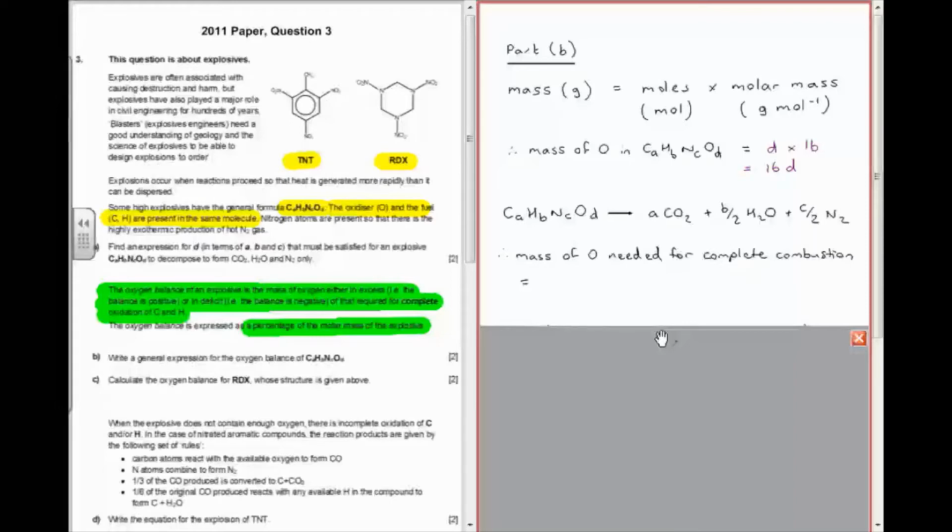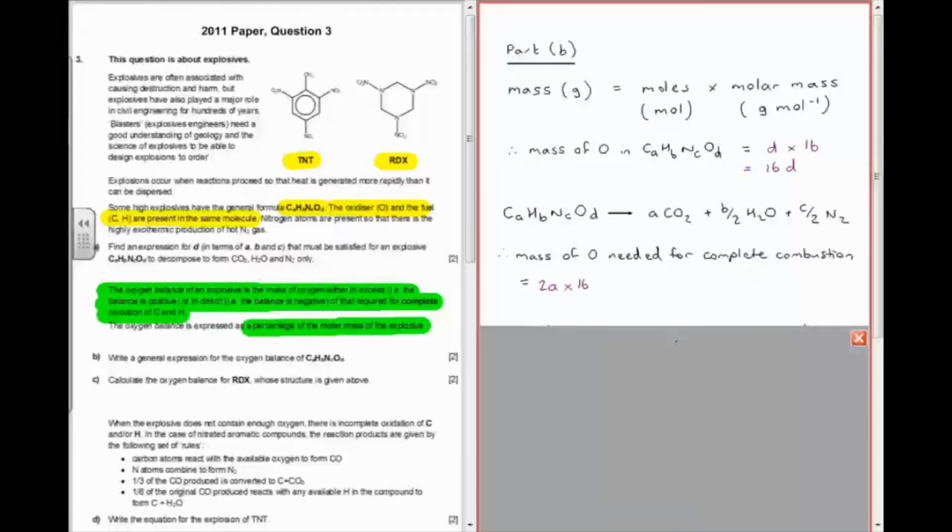And so we can use the equation again to calculate the mass of oxygen needed for the complete combustion. We generate A moles of CO2, each molecule of CO2 containing 2 moles of oxygen, and so the mass of oxygen in A moles of CO2 can be represented by 2A times 16.